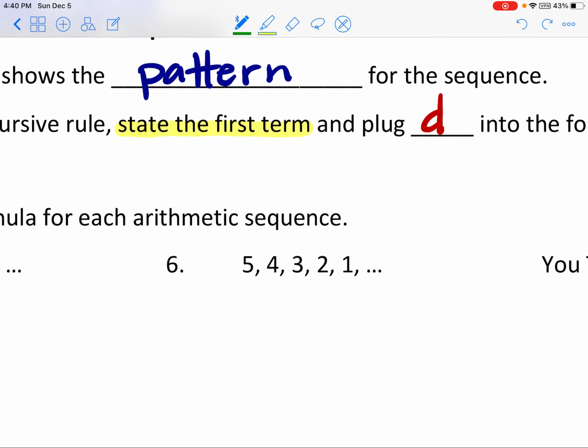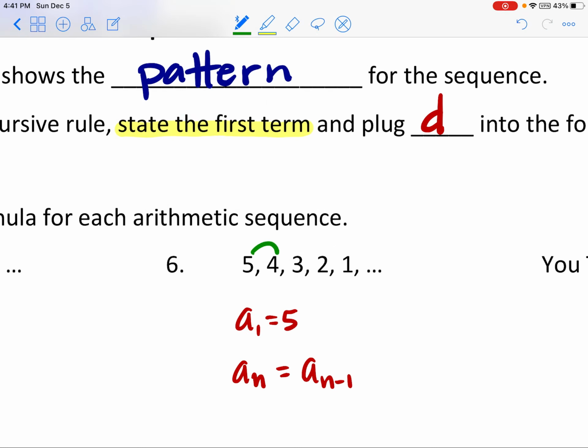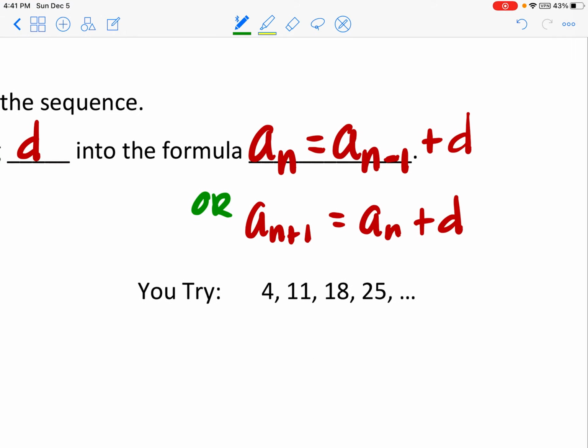So again here, this list starts at 5, so we're going to say a sub 1 equals 5, and then any other term on this list can be found by taking the previous term and then subtracting 1. Again, because our common difference here was a negative 1, and so minus 1. And then one last try.